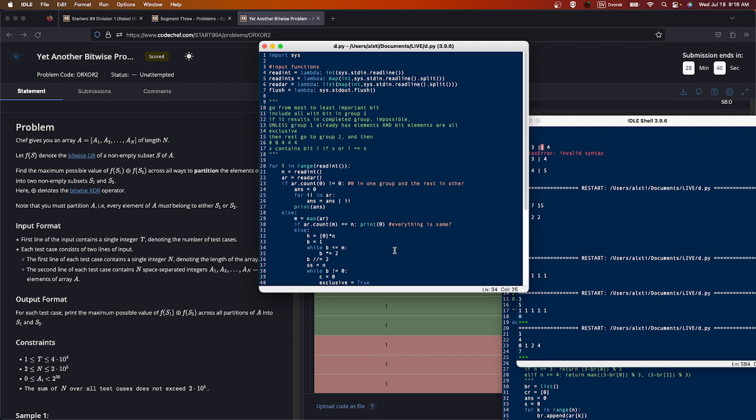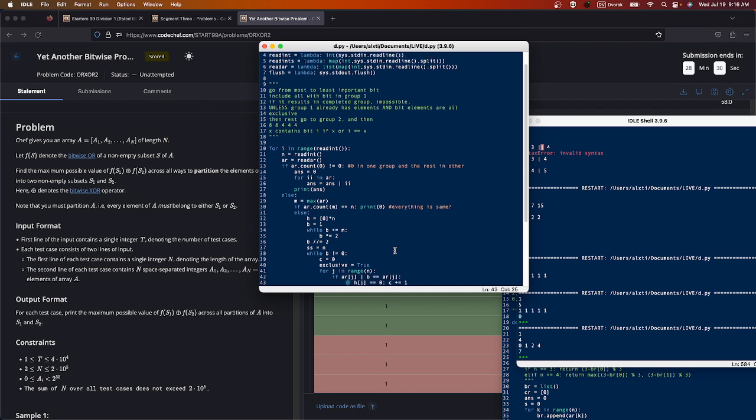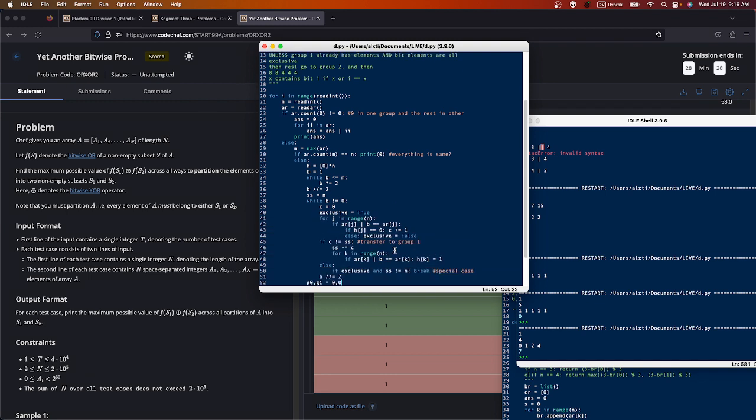You always want the highest bit possible to work, and then you look at each bit afterwards. So if every value has the highest bit in it, then it's definitely impossible.